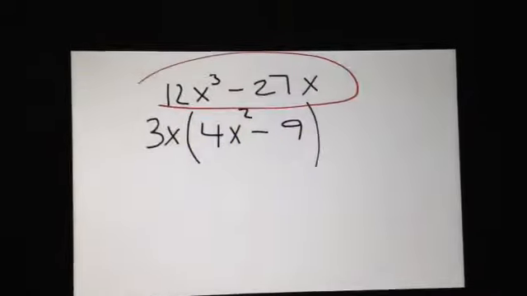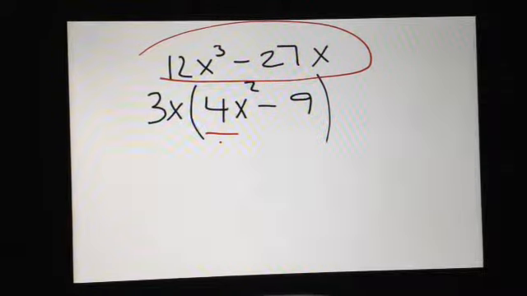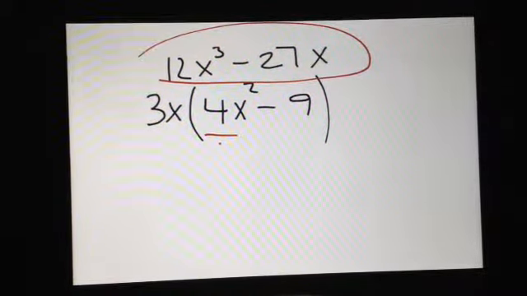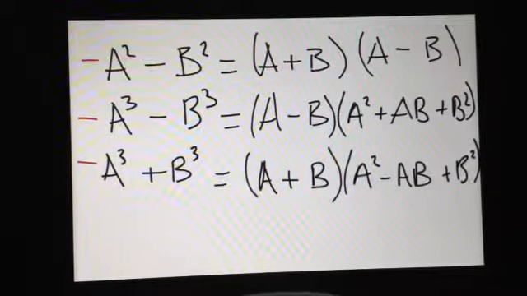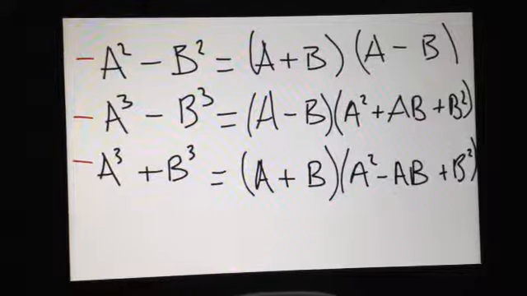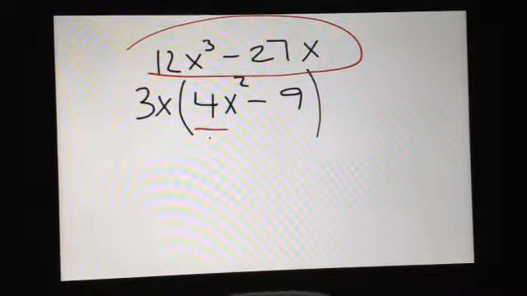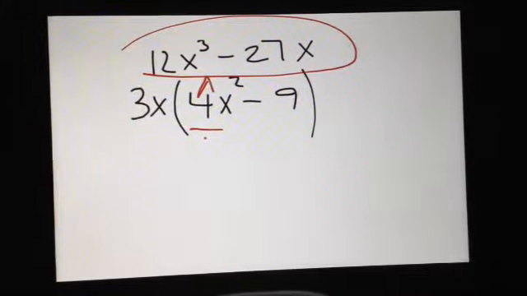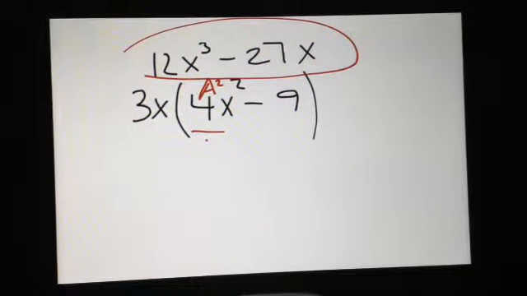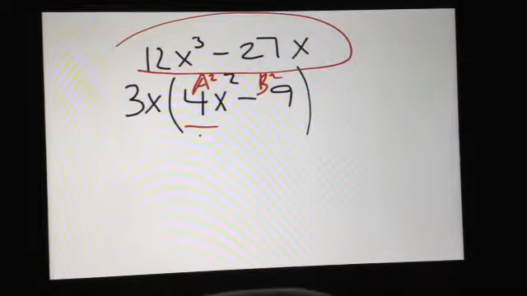We look back at it, and we have a 4x squared minus 9. 4x squared and 9 are both perfect squares. So the only thing we can use is the difference of squares. So we look at this right here. This term is a squared, and this term is b squared.